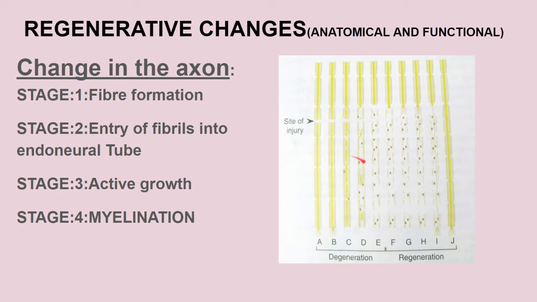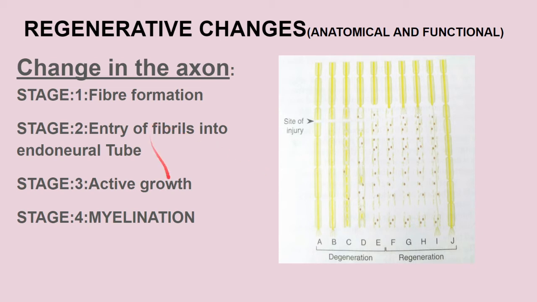So in the first step, the proximal part was giving its fibrils to the distal part. Okay, but in the second stage, the Schwann cells of the distal cut end guide the fibrils of the proximal part to enter into their endoneural tube. And once they enter the endoneural tube, they will show very fast growth.